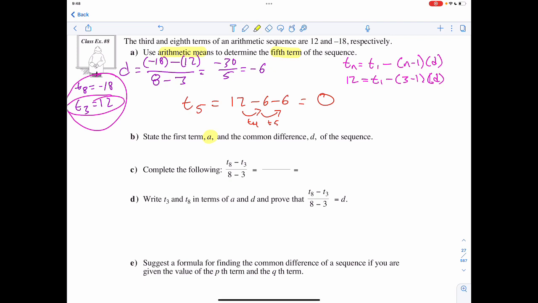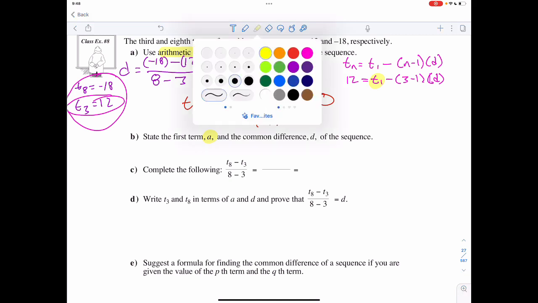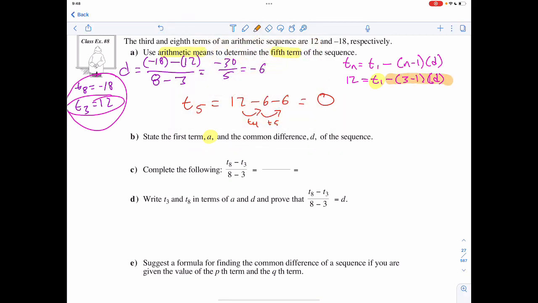And literally to get my term 1 by itself, I can just move this entire thing to the other side by adding it to both sides. Term 1 is just 12 plus 3 minus 1 times my common difference, which was 6.